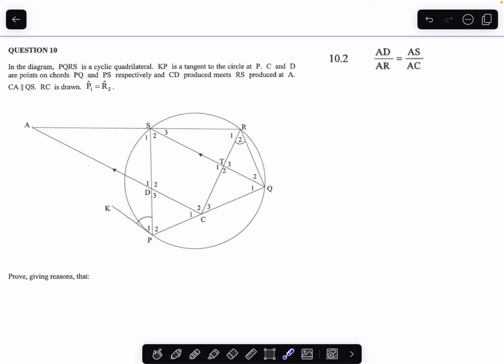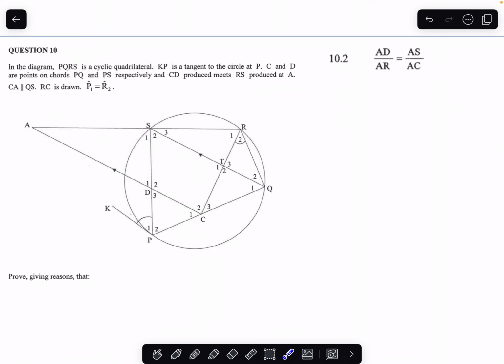However, that being said, I do see potential for similar triangles over here. We have that little system of ours going on. So from this system, we can see that... but why do we care? This is going to give us AS and maybe something about AC, but there's no AD, and there is an AR.